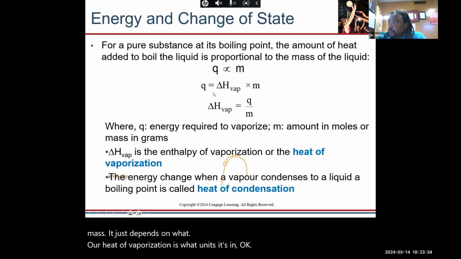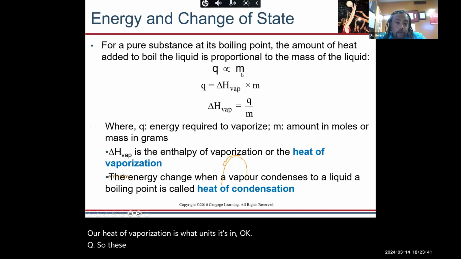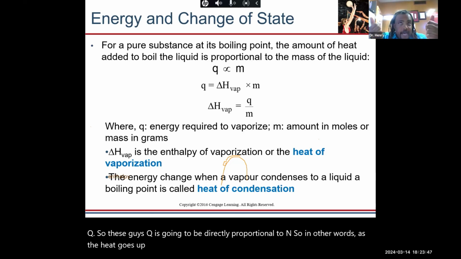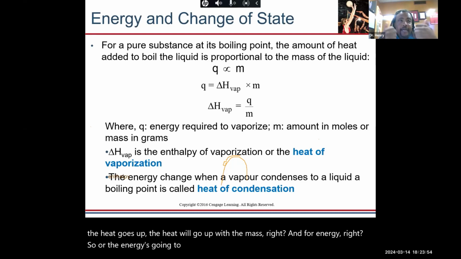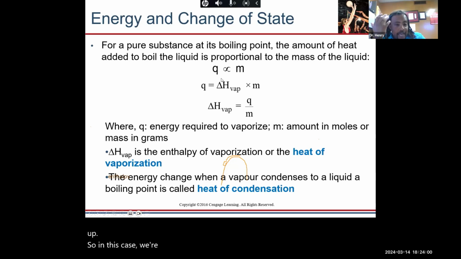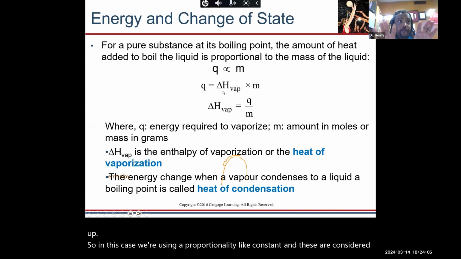So Q is going to be directly proportional to M. In other words, the heat will go up with the mass, and for energy, the energy is going to go up with mass. As mass increases, energy is going to go up. So in this case, we're using a proportionality constant, and these are considered constant unless we go to a different phase.